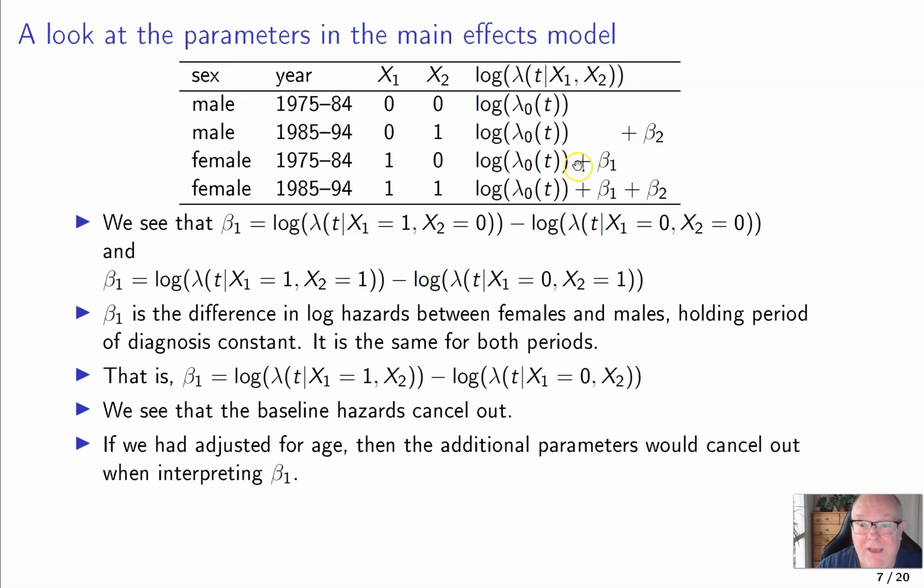The effect, beta 1, would be the effect of sex, the difference between females and males, while holding both period and age constant. But I've made the model a little bit simpler. So this is the main effects model, and this is why the estimated covariate effects are assumed to be the same for all levels of the covariates.